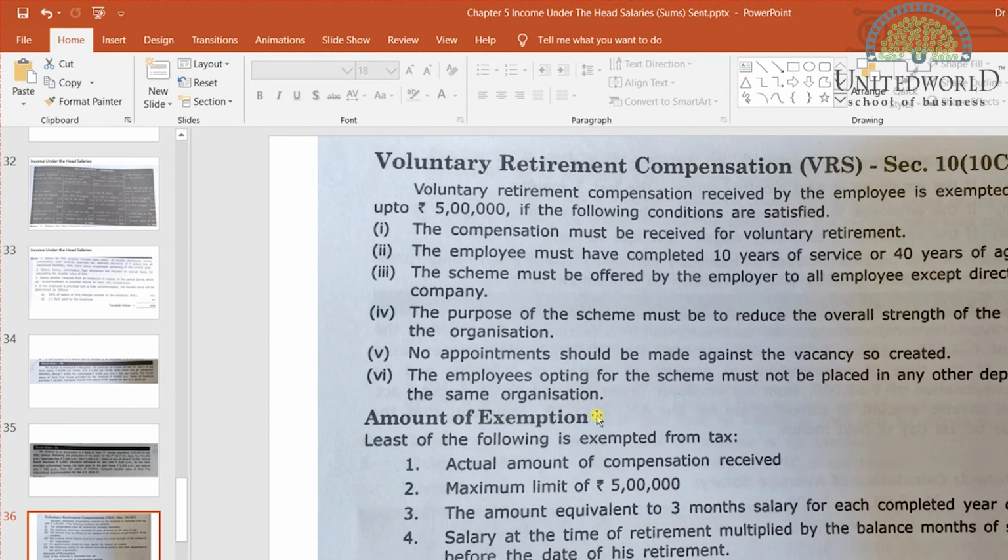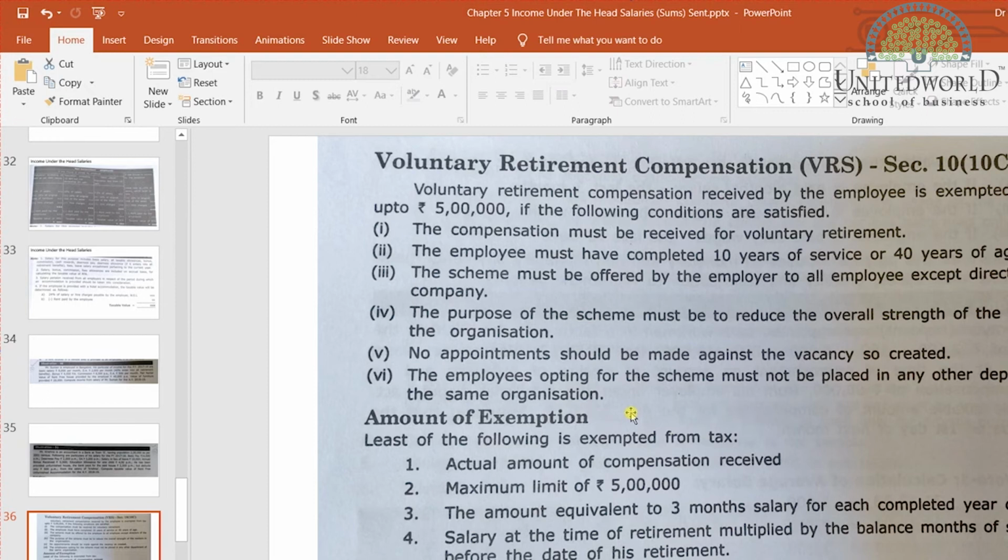And 30,000 into 15, 15 into 3 is 45, so here I have to calculate only the complete years, and for each year 3 months of salary.